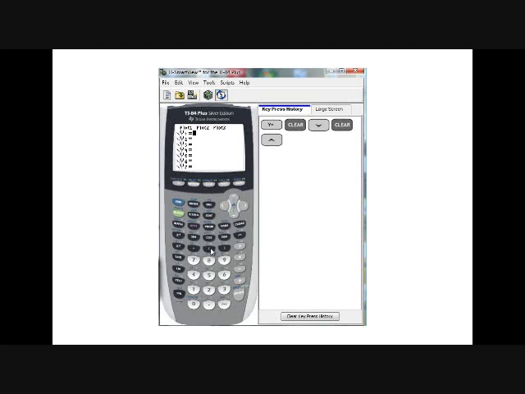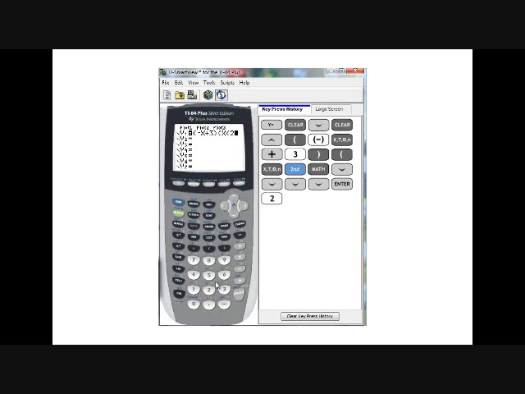The expression is minus x plus 3, close the parentheses, and the condition is x less than 2. Second test, less than is option 5. Close the parenthesis.